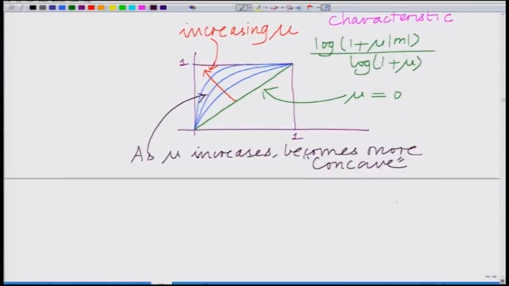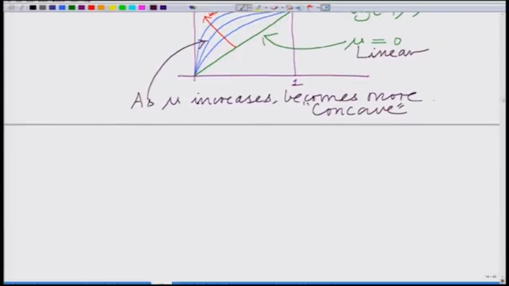For mu equal to 0, the characteristic is a linear characteristic, that is what we have already seen. As mu increases, there is more companding, that is more compression of the larger amplitudes.